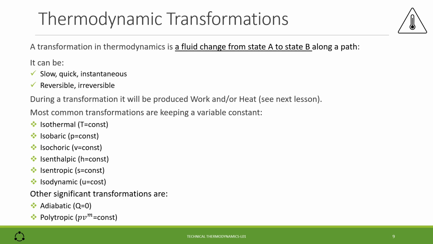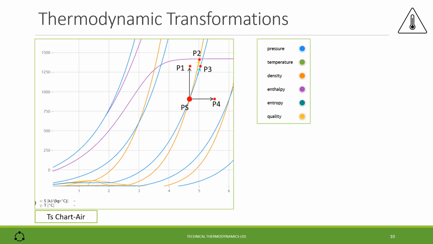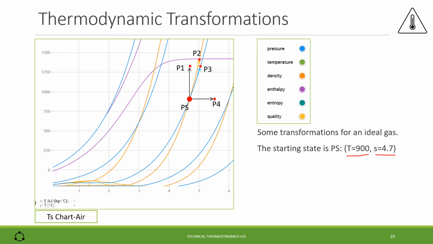the equation displayed. We see here some examples of simple transformations in the chart TS. We choose as gas air and the ideal gas model. The starting condition is 900 degrees Celsius and 4.7 kJ per kilogram per Celsius as entropy. The transformation PS-P1 is isentropic, since parallel to the vertical axis.